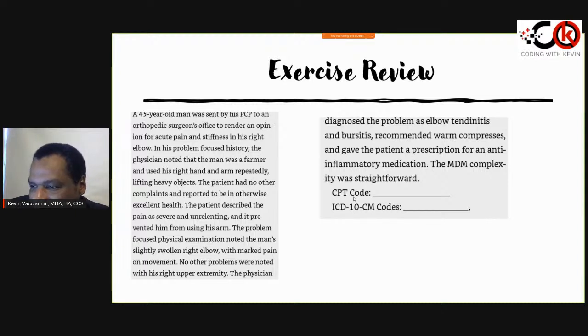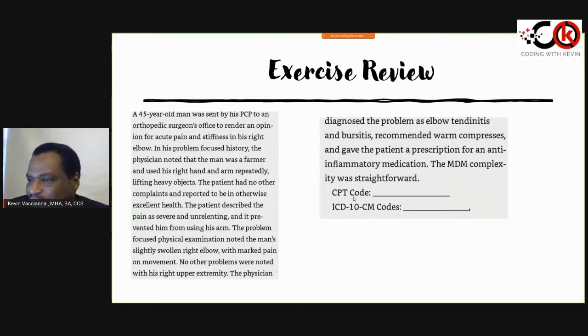The patient described the pain as severe and unrelenting, and it prevented him from using his right arm. The problem-focused physical examination noted a slightly swollen right elbow with marked pain on movement. No other problems were noted with his right upper extremity. The physician diagnosed elbow tendonitis and bursitis, recommended warm compresses, and gave the patient a prescription for anti-inflammatory medication. The MDM complexity was straightforward.